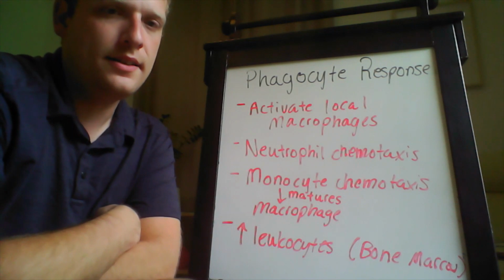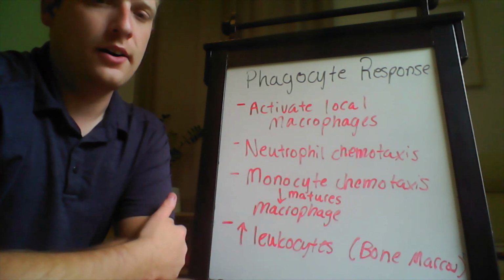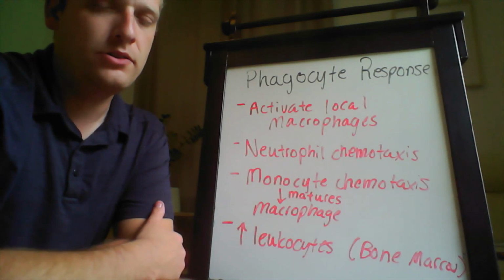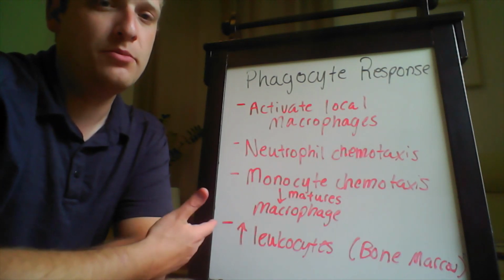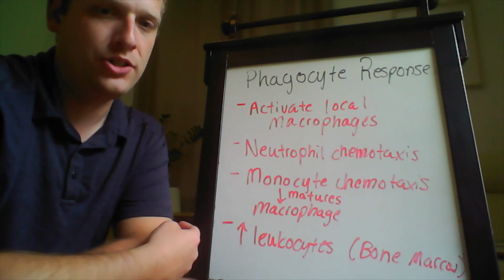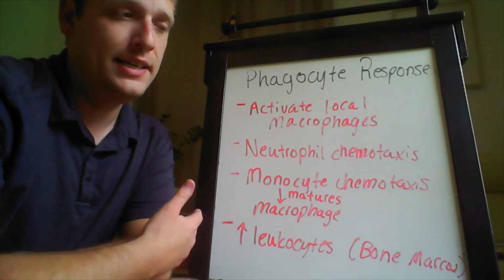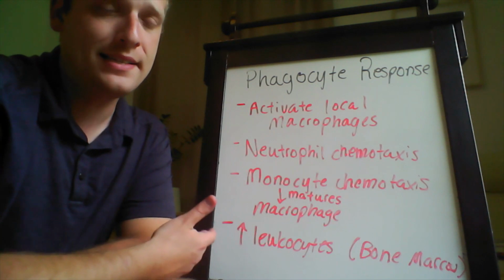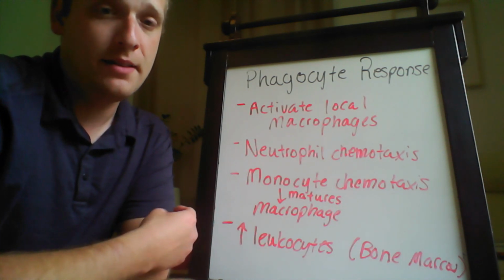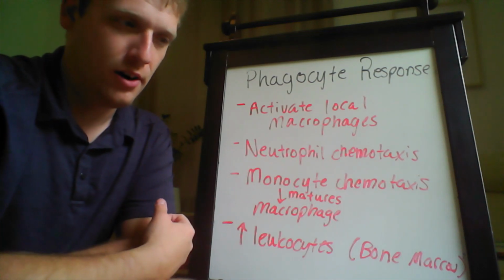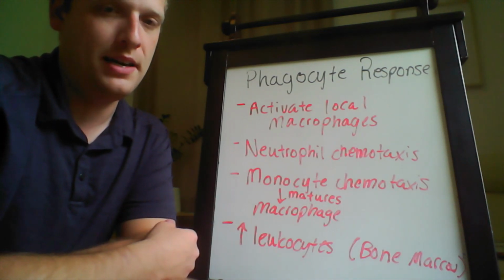Once these phagocytes are affected by the inflammatory mediators, that's going to take them through these steps of activation. So you have local macrophages in addition to those local mast cells. Mast cells, again, are kind of the cells that sound the alarm by sending out inflammatory mediators.